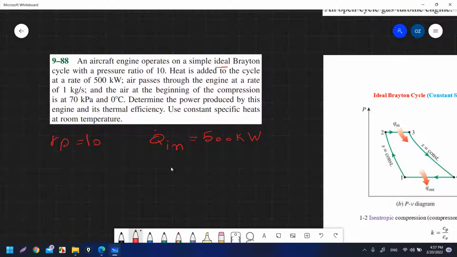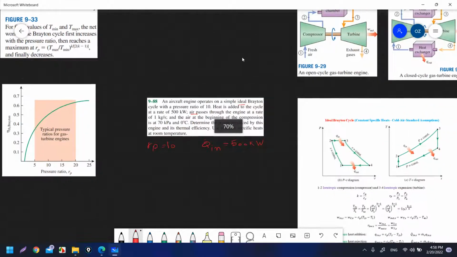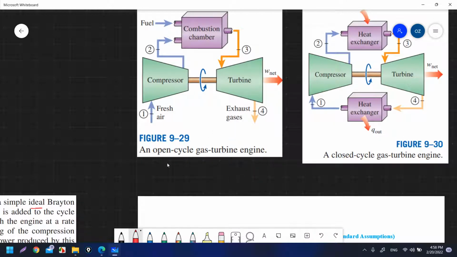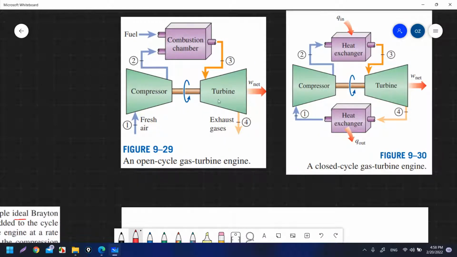We have air because we apply the air standard assumption, that the working fluid inside the cycle is only air. For the actual gas turbine cycle, which is another name for the Brayton cycle, the gas turbine contains a turbine which produces the work. We take fresh air from outside, and it goes to the compressor. The compressor increases the pressure and the temperature, and the air goes to the combustion chamber where the fuel is added.